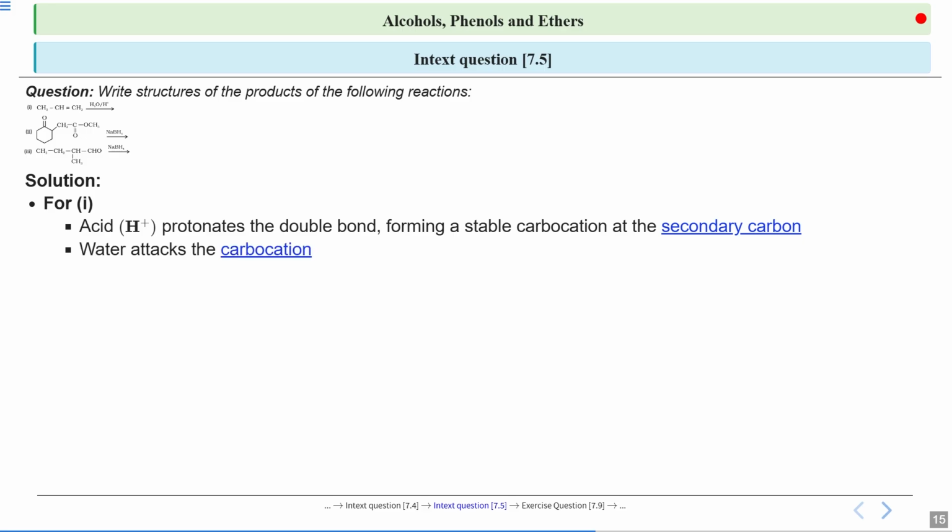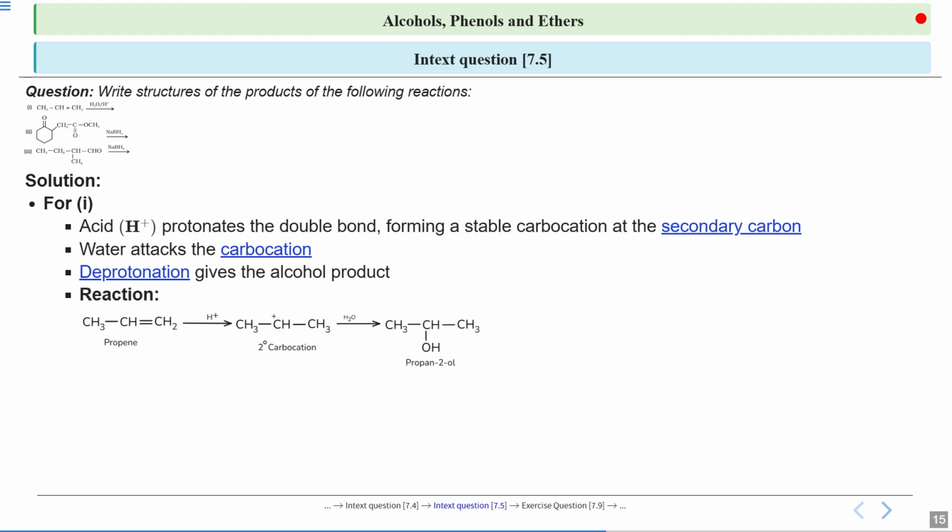What will happen? A water molecule will attack the carbocation, and you will form a protonated compound. Then deprotonation happens on that protonated compound, and it will give you an alcohol as a product. So what I'm saying is, the reaction is, we have propene, CH3CH=CH2, right?